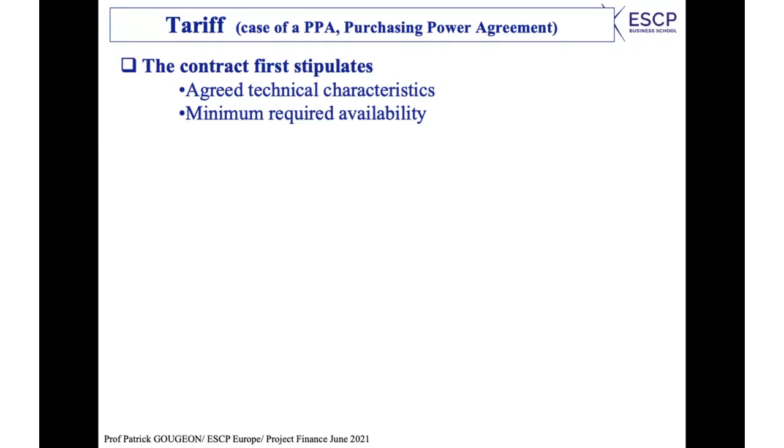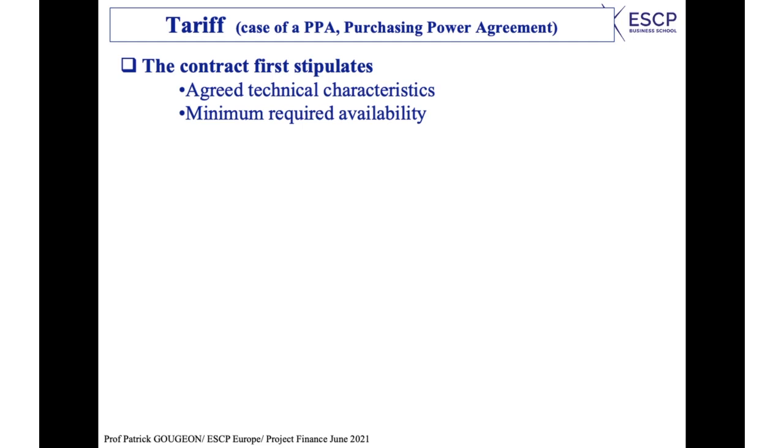Let's assume a gas power plant, it will be more complete, more interesting for us for comments, what we usually call a combined cycle gas power plant, which is the best technology that exists right now. So, agreed technical characteristics in terms of power, capacity to produce electricity. And at any time, the plant has to maintain a minimum required availability.